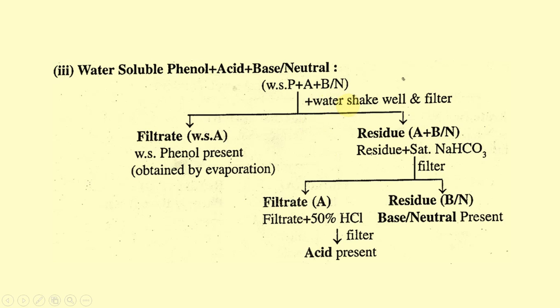First of all, take distilled water and the mixture, shake well, filter; the filtrate is evaporated in a dish and the remaining residue contains the water soluble phenol. To the residue on the right hand side add saturated sodium bicarbonate, shake well and filter. To the filtrate add 50% HCl, reprecipitation, then acid is confirmed, and the last one on top of the funnel is considered base or neutral.